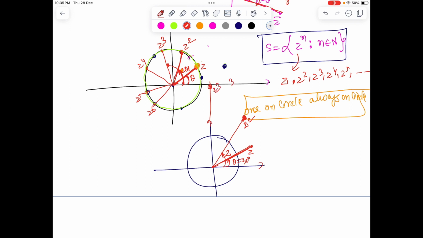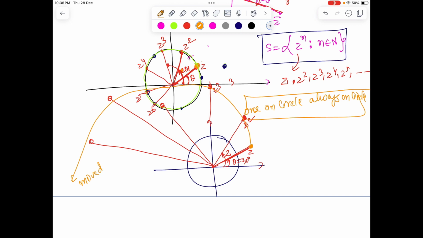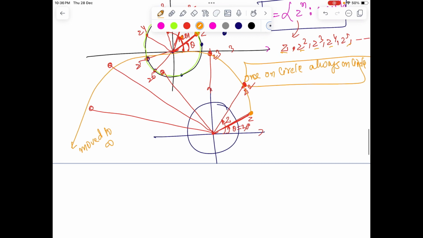Where will Z4 be? That will be Z5. So these lengths will keep on increasing. Z6 and so on. So you can clearly see if I start at a point outside, you are moved to eternity. Okay, moved to infinity. So this set contains numbers which finally go to infinity. Now the beauty of this question is that as long as you are just outside the circle, you will still be drawn to infinity.